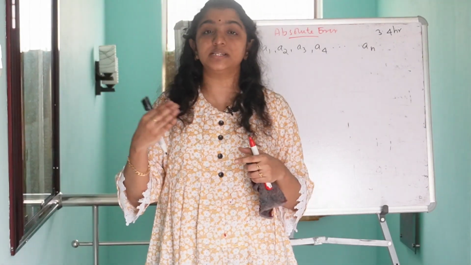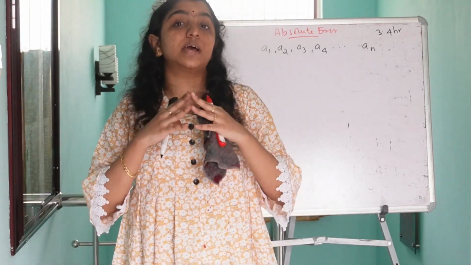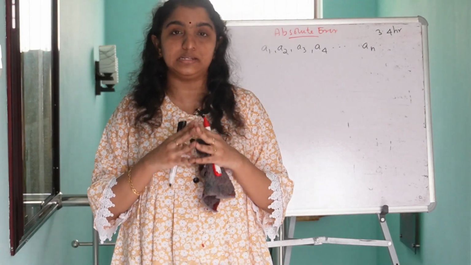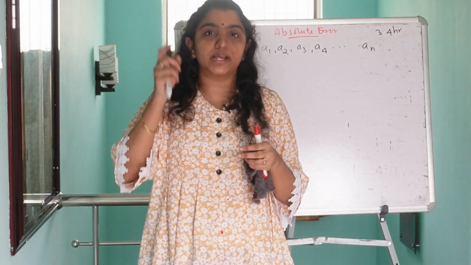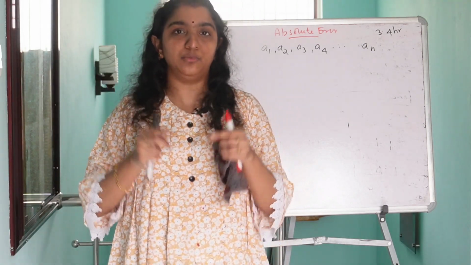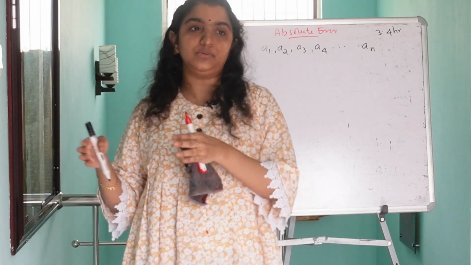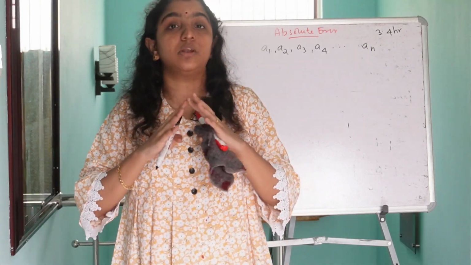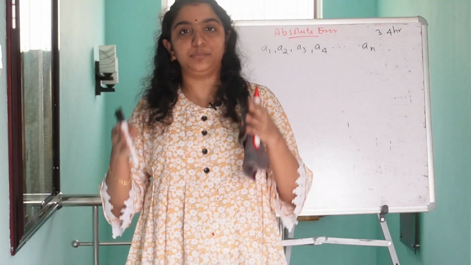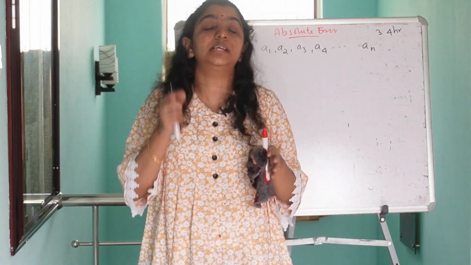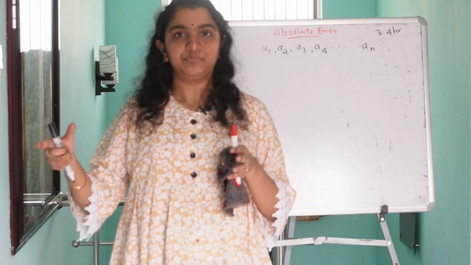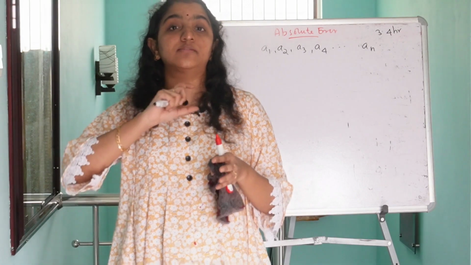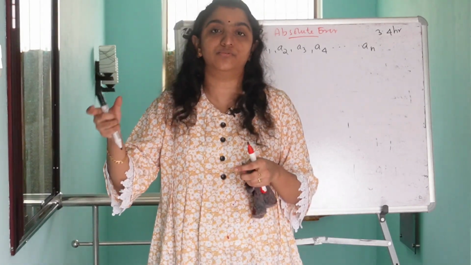The next one is absolute error. What is absolute error? Absolute error is the magnitude of the error value. In the case of absolute error, absolute errors will always be positive, because here we are only considering the magnitude of the error, and not the sign of the error.